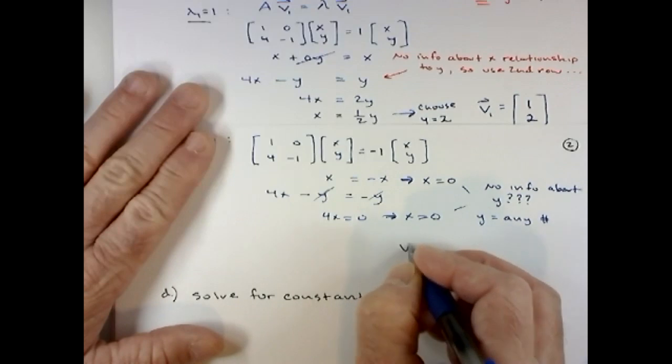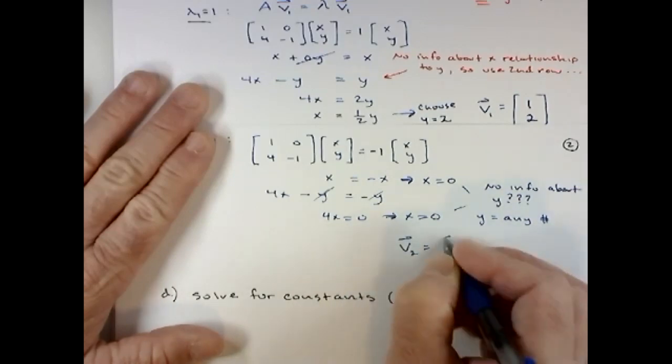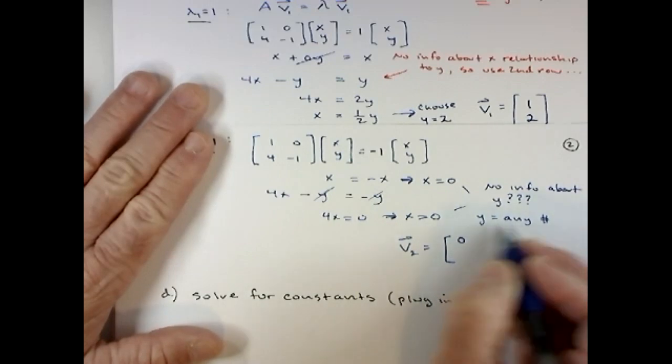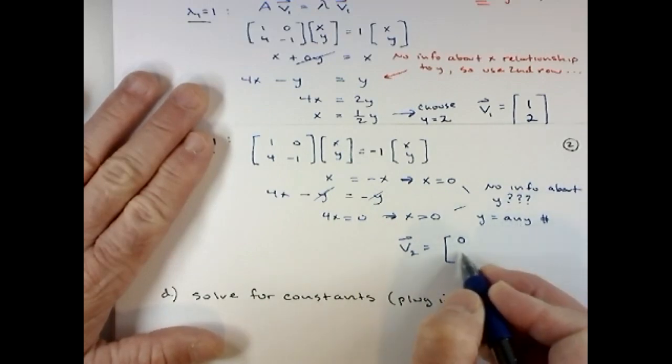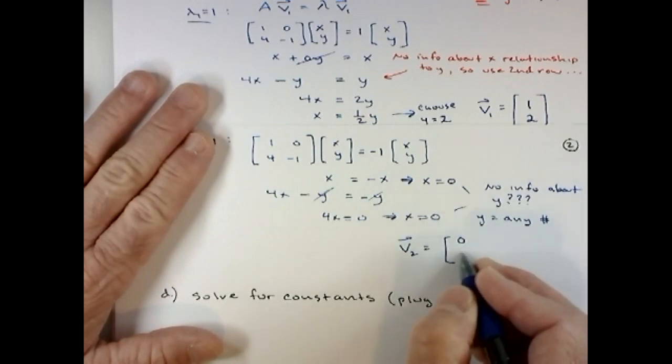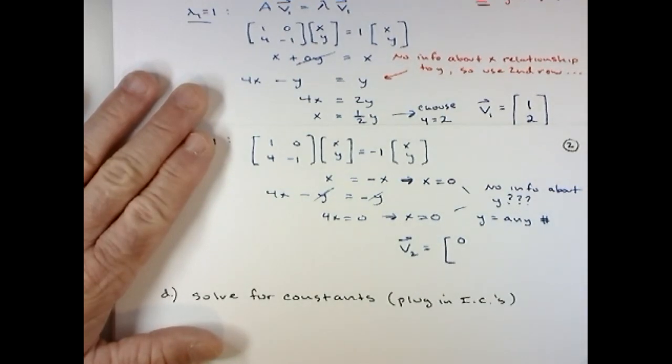So therefore, for my second eigenvector, x definitely has to be 0. And if y can equal any number, remember there's multiple eigenvectors, you can pick any number. Once again, though, don't pick 0, right? Because 0, 0 is not really an interesting vector. It's just a point, it doesn't go anywhere. So if you can't choose 0, what would be the logical number to choose for y?